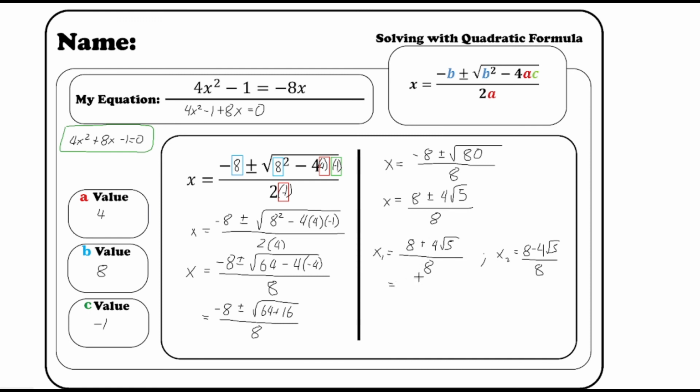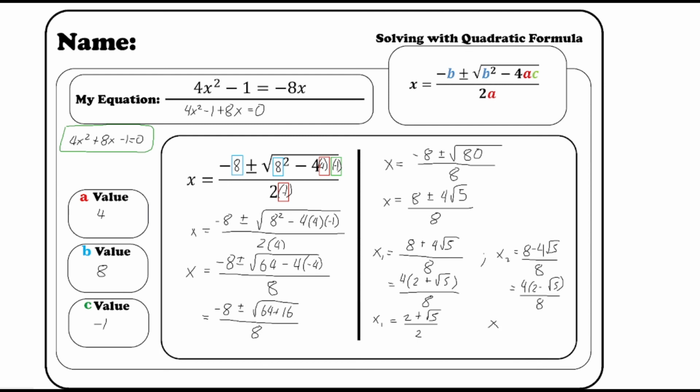So, x sub 1 muna tayo. So, factoring out 4. So, we will obtain negative 2 plus square root of 5 all over 2. So, our x sub 1. Then, yung x sub 2 naman natin. Solve natin, we have 4 times negative 2 minus square root of 5 all over 8.